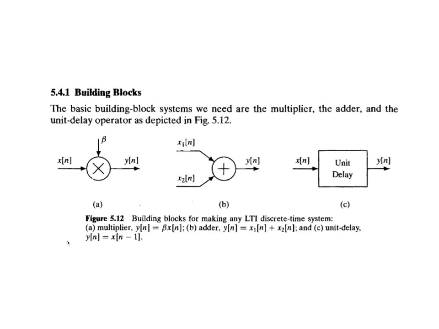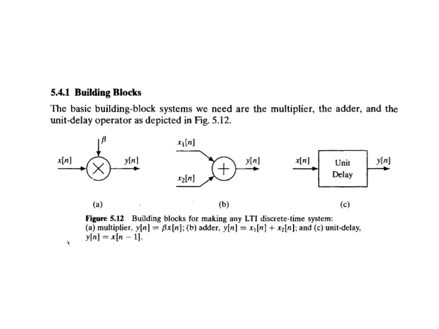So it's useful to be able to express an equation like this in terms of a block diagram so that we can get a visual picture of it. That's always useful. So we construct that block diagram using some building blocks, which are shown here on this page. The basic building blocks are a multiplier, an adder, and a delay, or unit delay.